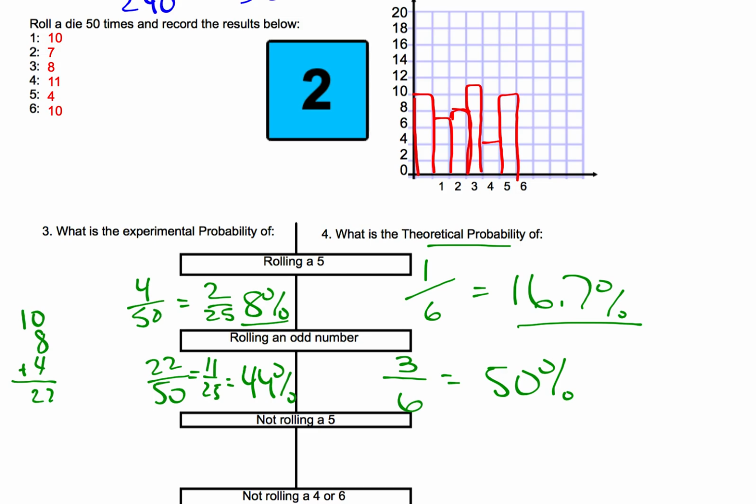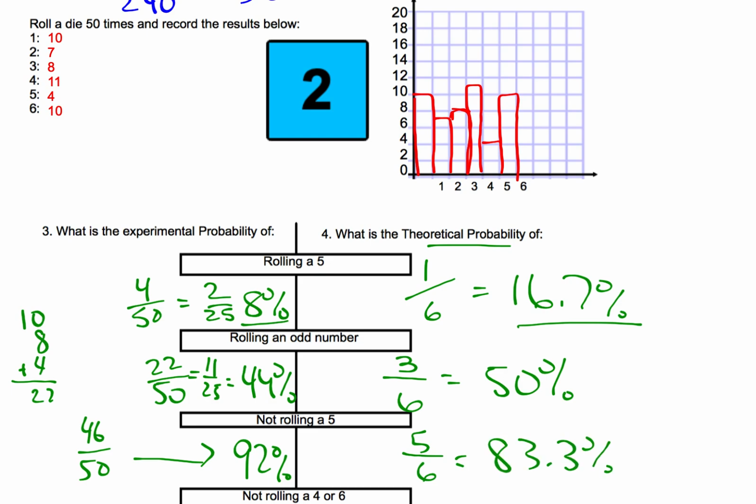Either way, you either get 46 out of 50, or you would just get 92% if you did the complementary probability. Now, not rolling a 5 theoretically, 5 out of 6, you get 83.3%. So, not rolling a 5 happened more often than would be expected.